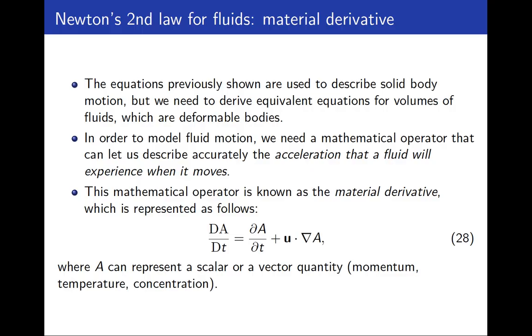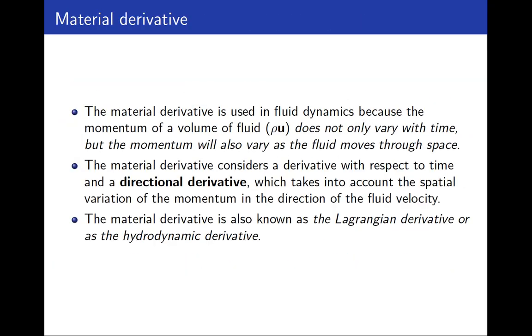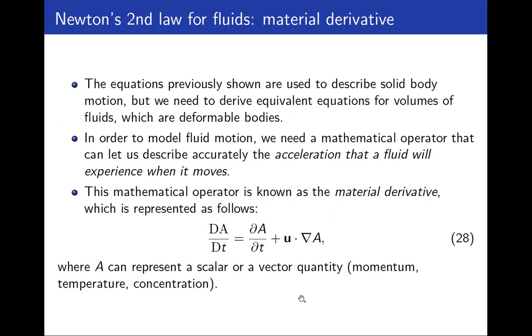We focus on that particular volume of fluid, and we measure how the velocity varies within the volume of fluid, not at a point in the channel. I will explain these concepts in a second, but I just want you to take this idea.